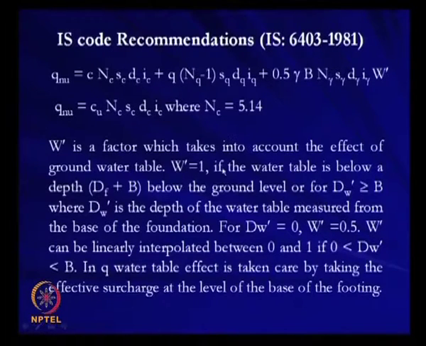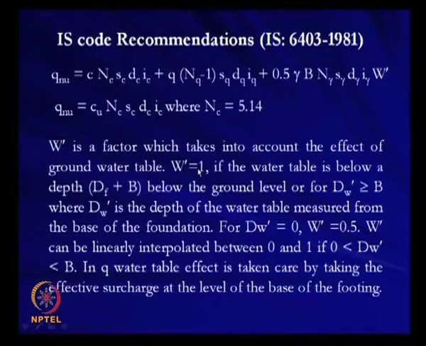Now, if this water table is below at a depth of Df plus B below the ground level, where Df is the depth of the foundation and B is the width of the foundation, or Dw dash is greater than or equal to B, if Dw is measured from the base of the foundation, then this W dash is 1.